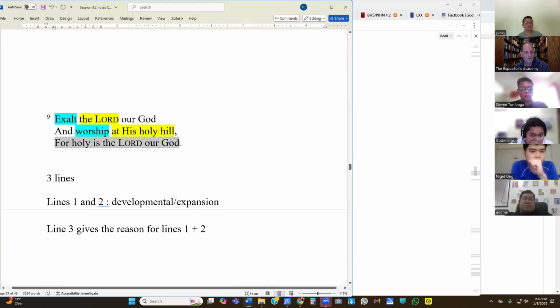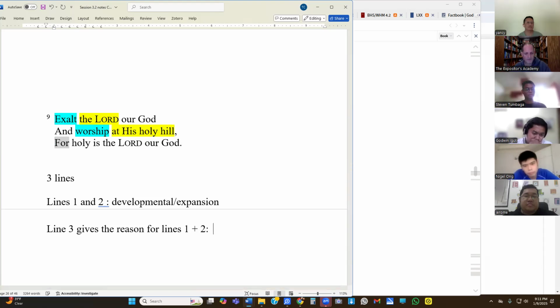And then the third line is the reason. And in this case, we have the word for, as I mentioned. So he explicitly says this is a reason. Why should we exalt and worship? Because, or for, holy is the Lord our God. Okay, so that's developmental reason. Okay?